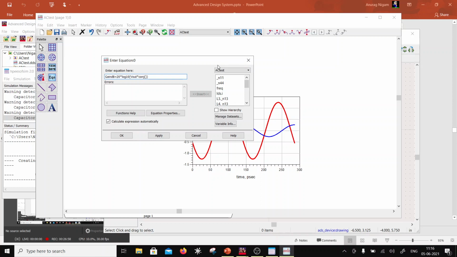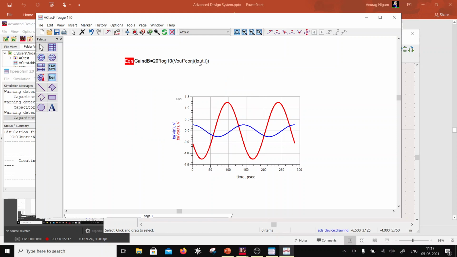If I haven't put I out, I would have to put it there, dot I plus 30 for dBm. Oh, sorry, why is this not dBm, so that's there. Okay, so I out is not available, so that's red color.